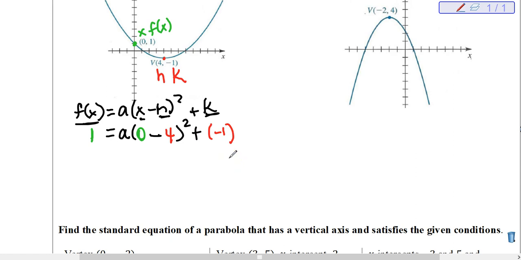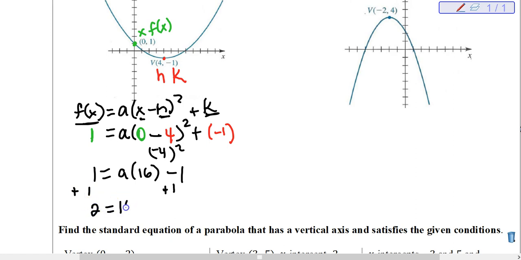That's not so bad, right? So I'm going to simplify this real quick here. -4 squared. I'm going to rewrite. All right, so 1 equals a times 16, minus 1. And we're going to solve for a. So I'll add 1.